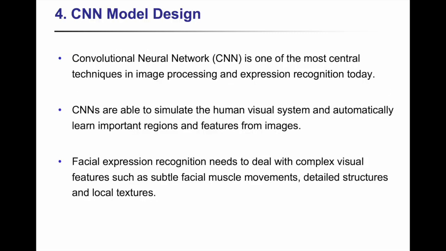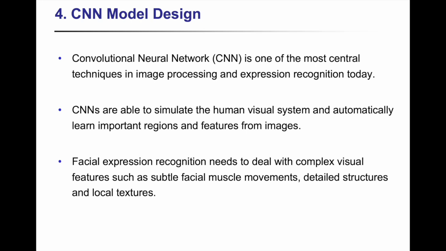So in this part, I will illustrate my CNN model design. As we all know, the convolutional neural network is one of the most central techniques in image processing and expression recognition today. CNNs are able to simulate the human visual system and automatically learn important regions and features from images.